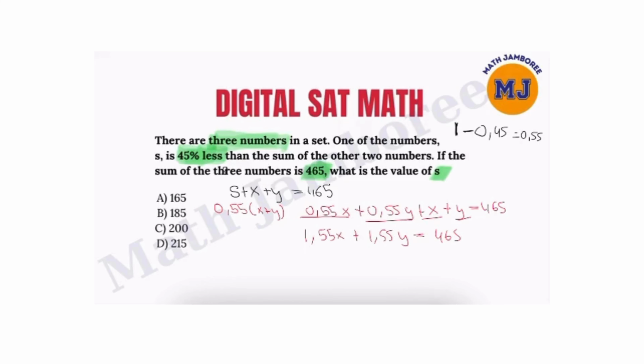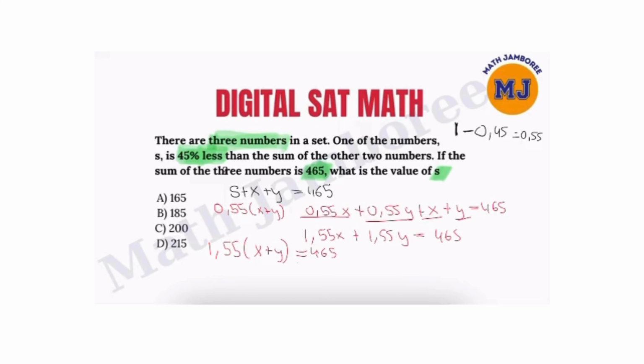And now we're just going to distribute again. Put up parentheses, 1.55, open parentheses, X plus Y equals 465.